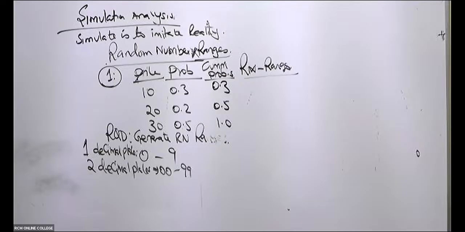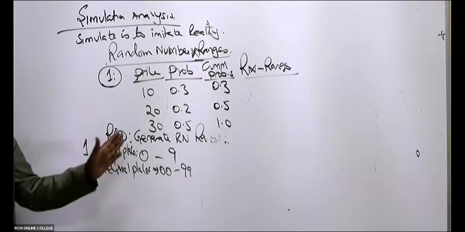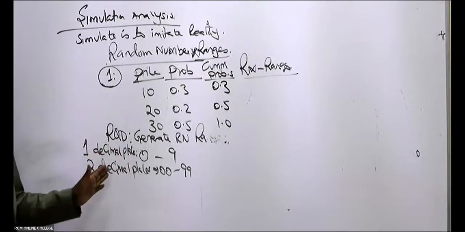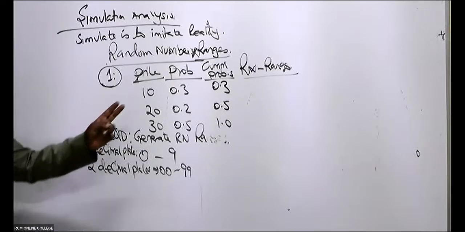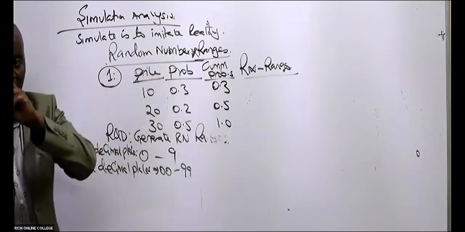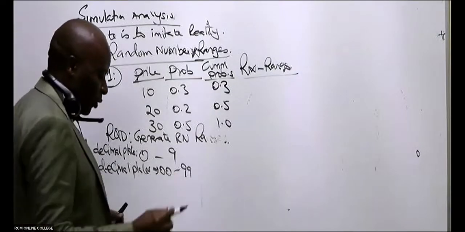Generate random number ranges. The random number ranges we shall be generating depend on the decimal places. When you have only 1 decimal place, this is how the random number ranges will look, 0 to 9. If there are 2 decimal places, we talk of 00 to 99. These are how many decimal places? 1. So look at what I will do to get my random number range for the first class.